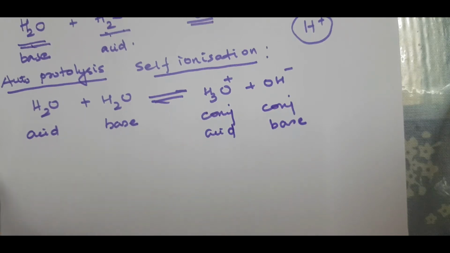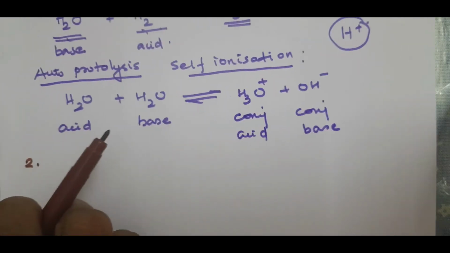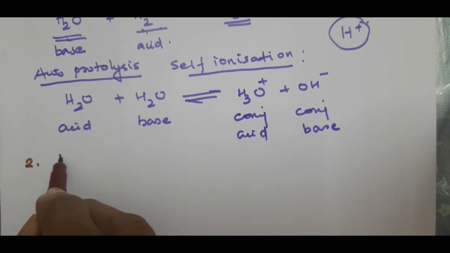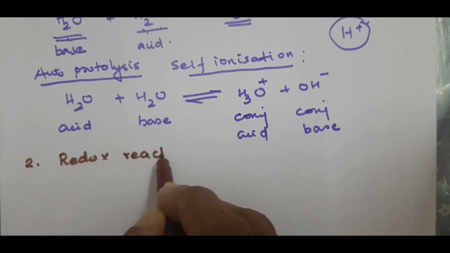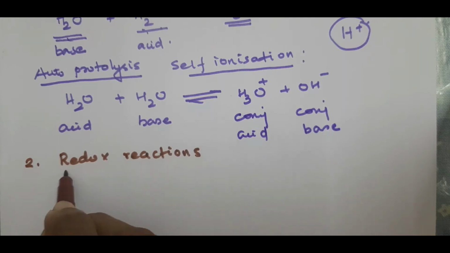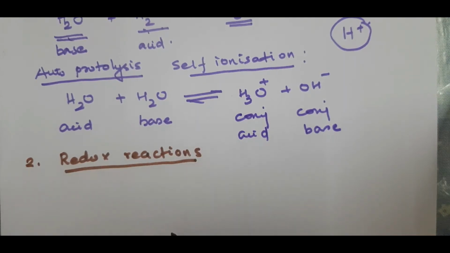Now the second reaction, the first reaction is amphoteric nature. The second reaction is a redox reaction involving water. Redox reaction means, you know, either oxidation happens or reduction happens.